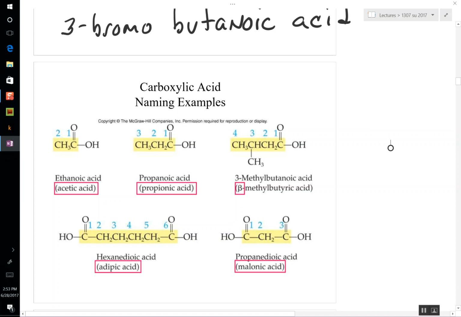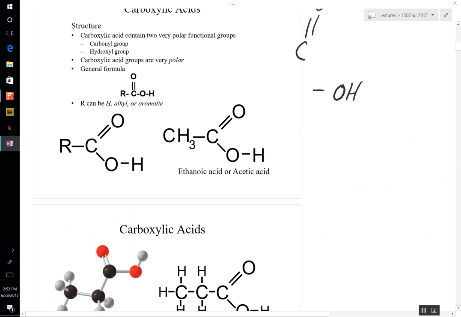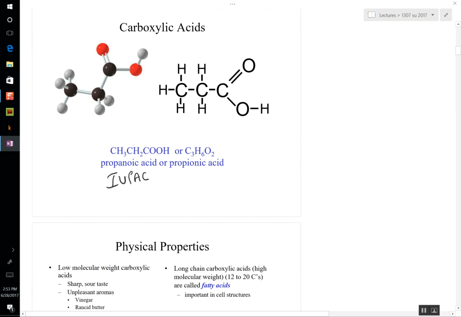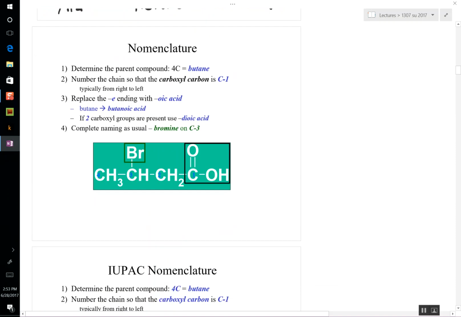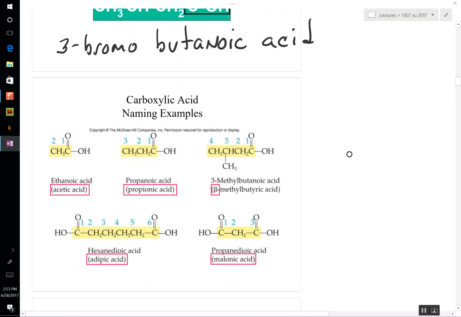3-methylbutanoic. All right, here is adipic, I mentioned on that first slide. Which fruit does that come in? Maybe I didn't mention it. Adipic acid is, trying to think what fruit. The orange?